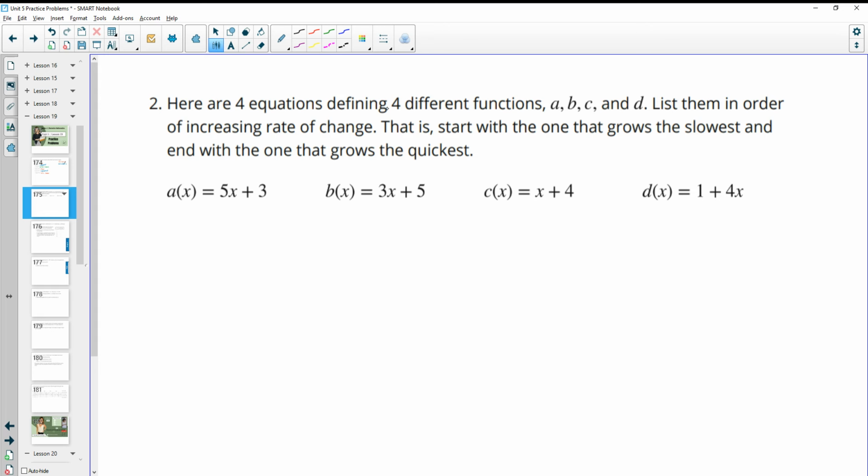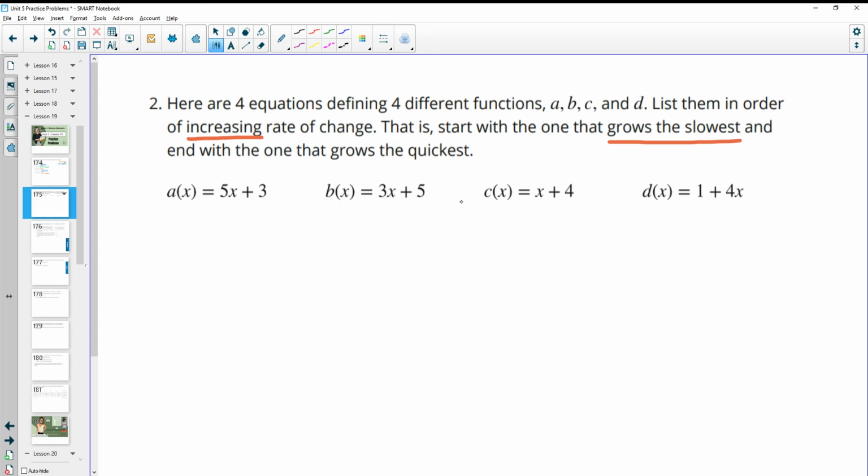Number 2, here are 4 equations defining 4 different functions, a, b, c, and d. List them in order of increasing rate of change. So that means to start with the one that grows the slowest up to the one that grows the quickest. When we're talking rate of change, that's the number times the variable.